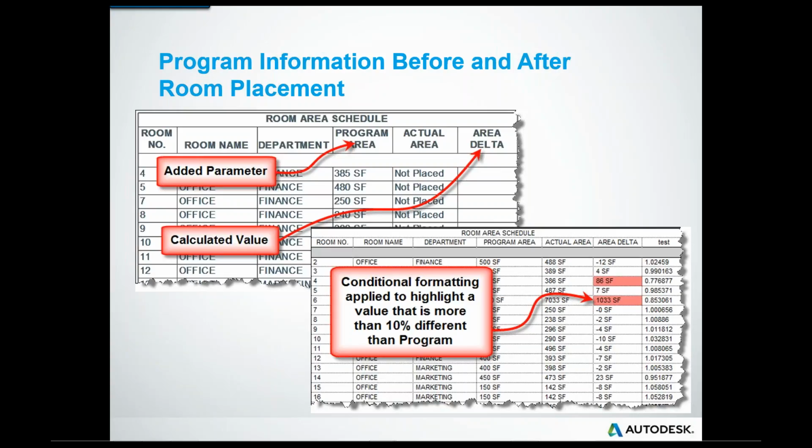If I have a spreadsheet that I can look at to determine what my program requirement area is for those rooms versus my actual area, you'll see actual area versus program area. If there is a difference of, let's say, 10%, and this is completely customizable, it'll automatically highlight red the area that's in delta, that difference, more than 10% off of the program.